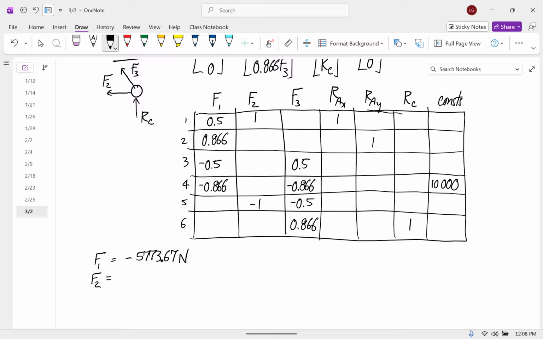F2 is positive 2886.84. And F3 is negative 5773.67.